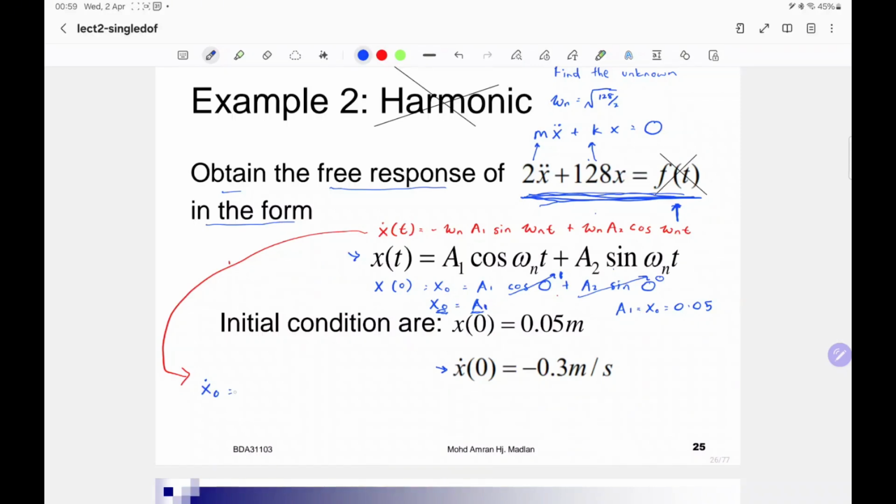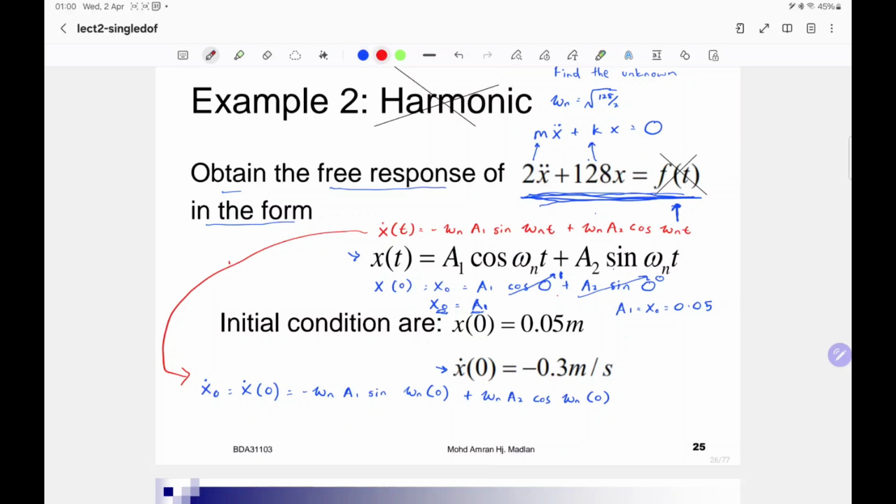or x dot when time is 0 is equal to negative omega n A1 sine omega n 0 plus omega n A2 cos omega n 0. Why 0? Because initial condition, meaning that the time is 0.